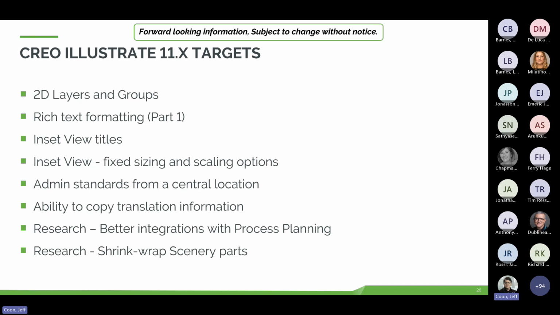What we're adding here is basically a better way to centrally manage this. So this includes putting the standard in Windchill. When you connect your Creo Illustrate to Windchill, your Creo Illustrate will download the standard and apply it, and you'll be able to iterate the standard in Windchill and update the various users and that kind of thing.